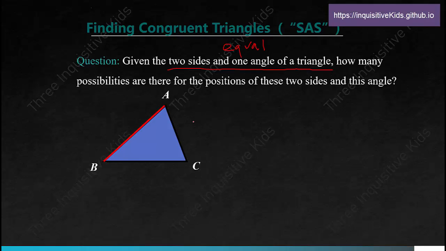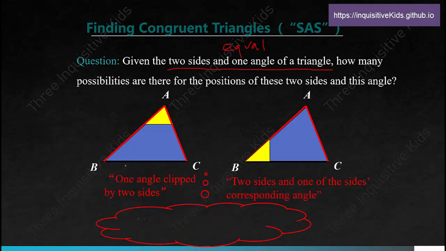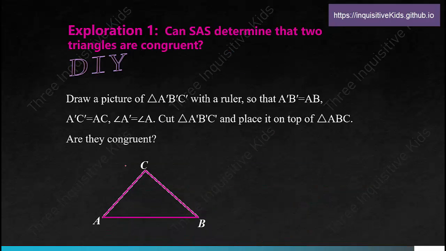There could be this equal side, this equal side, and the angle that's equal is between them, or the angle that's equal is one of these two other sides' corresponding angles. So this is one angle clipped by two sides, and this is two sides and the angle opposite one of the sides. So there's two different ways. Can you determine whether the two triangles are congruent?